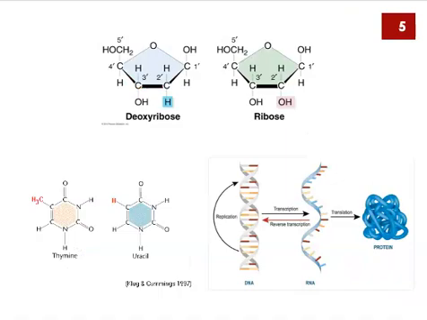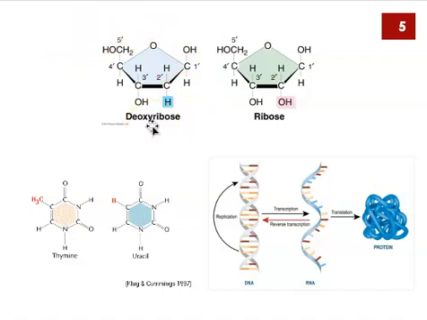So on this slide, we're reminded about the structural differences between DNA and RNA. Up at the top, you can see 2 sugars. So this is a carbon number 1, carbon number 2, carbon number 3, carbon number 4, and then off of the ring is carbon number 5. This is the sugar that we saw in DNA, and we called it deoxyribose.